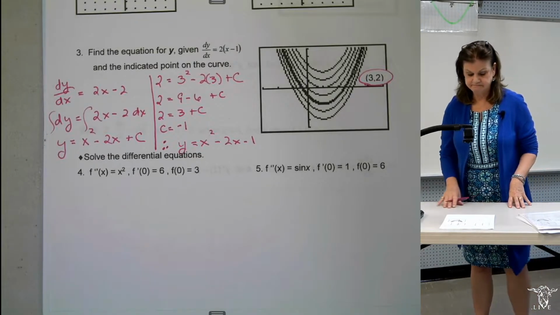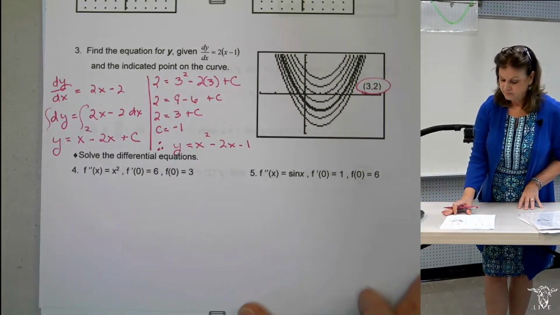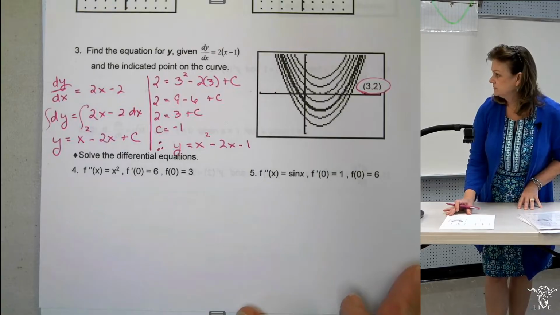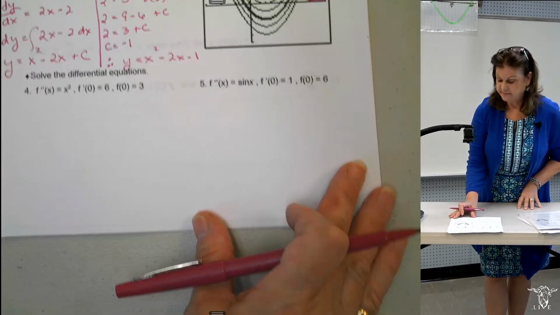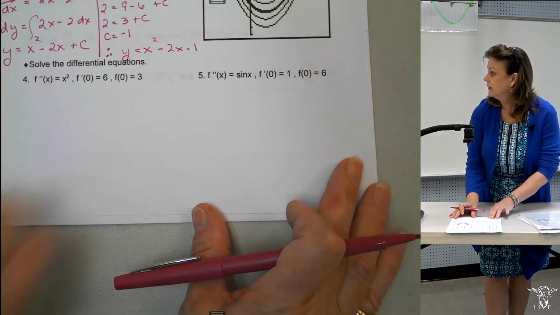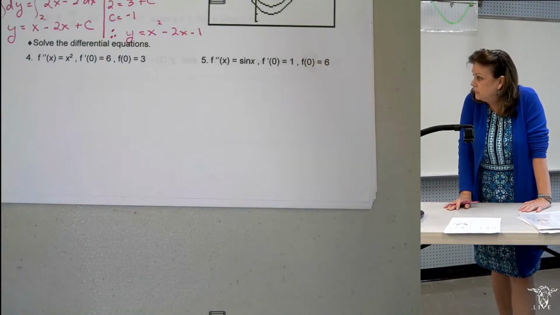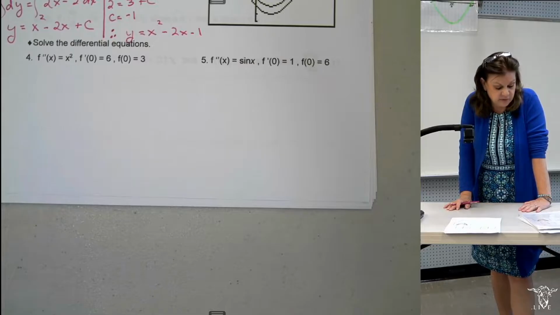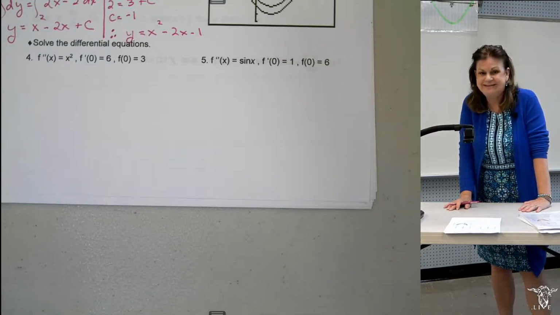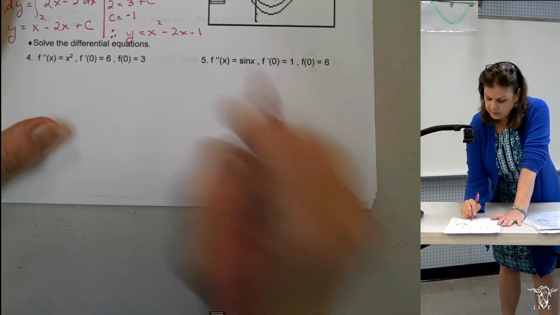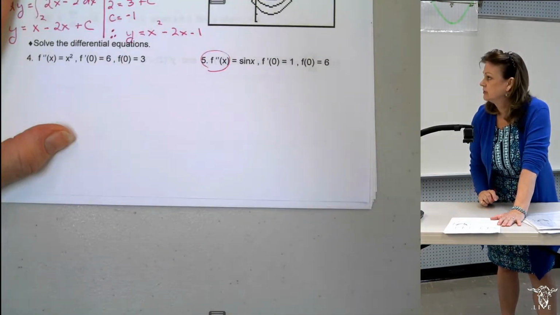Easy? Okay, I'm going to let you do 4 in just a minute, but I want to jump ahead to 5. Okay, in 5, notice the instructions, solve the differential equations, but you're not seeing a dy/dx. Well, you are. They're just using a different notation.